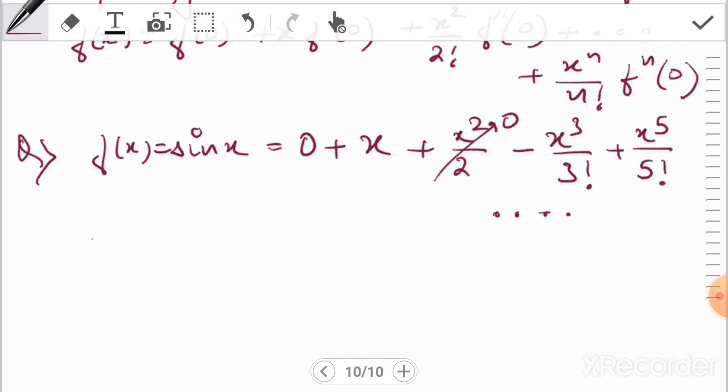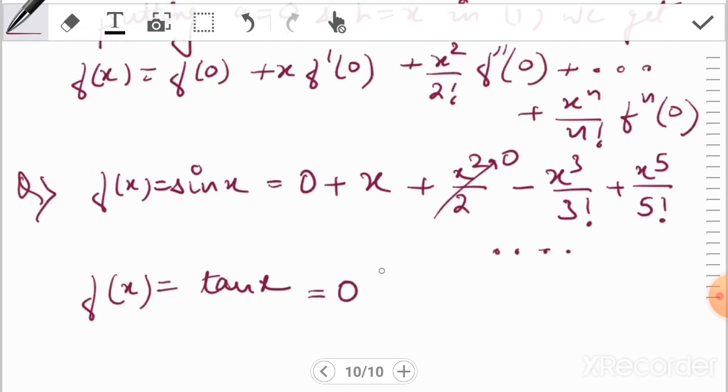And if you have to find f(x) is equal to tan x, the expansion of tan x, then again f of 0 is 0, plus x into f dash 0. The differentiation of tan x is sec square x, that is 1 plus tan square x, which is 1. Plus again x square by 2 factorial and f double dash 0.